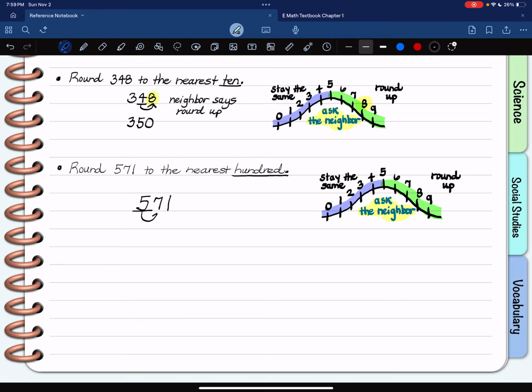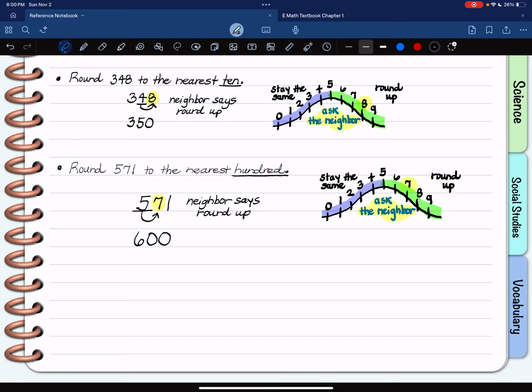So I look back at our neighbor here, and the neighbor tells me to do what? Round up. Neighbor says round up. So that means the 5 becomes a 6 and the rest round off. So this is 600 as the estimate.